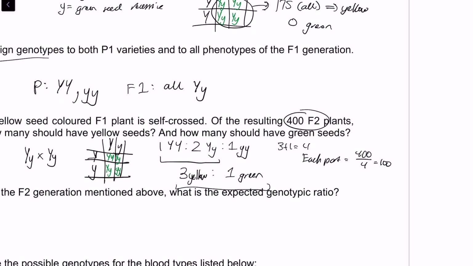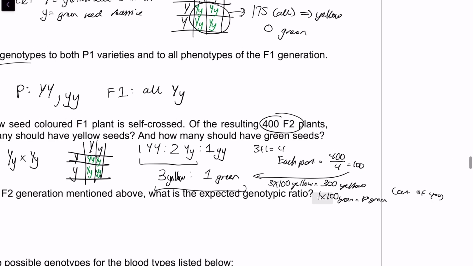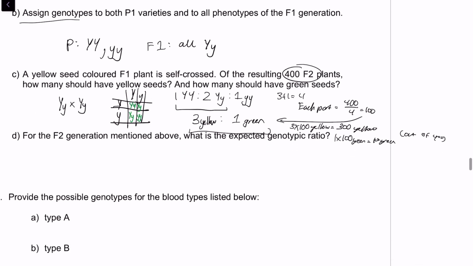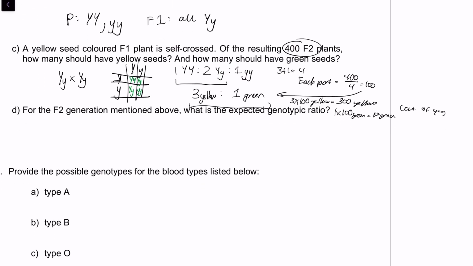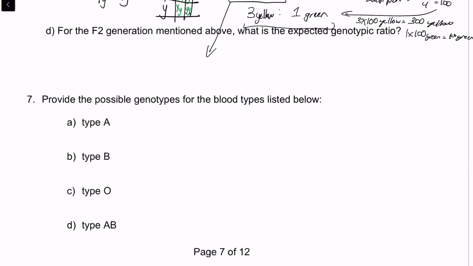Okay, and then putting that into the ratio here, we have 3 times 100 yellow, which is 300 yellow, and 1 times 100 green, which is 100 green. Okay, and this is out of 400, right? That answers that question in terms of how many should have yellow and green seeds. Okay, and as I said, the genotypic ratio is what I've just mentioned there.